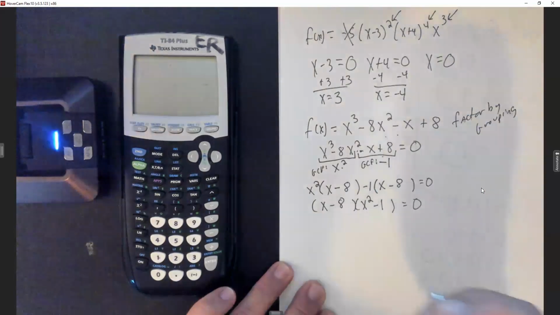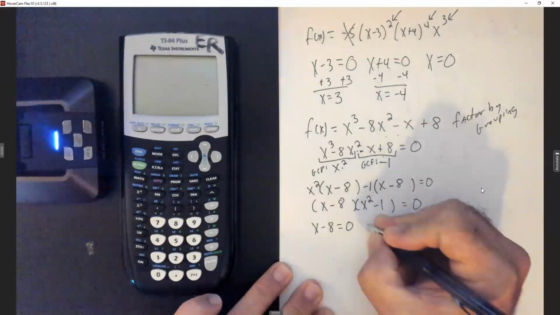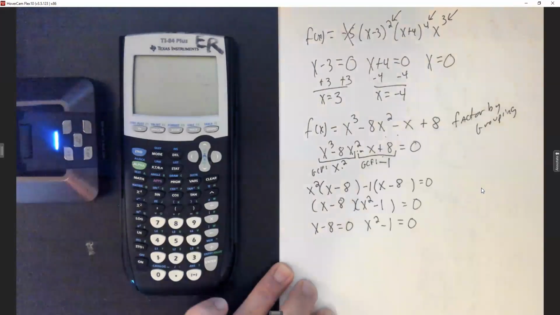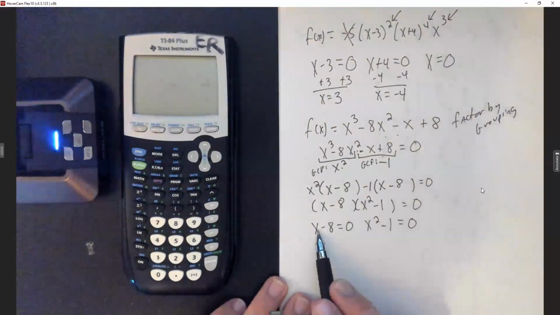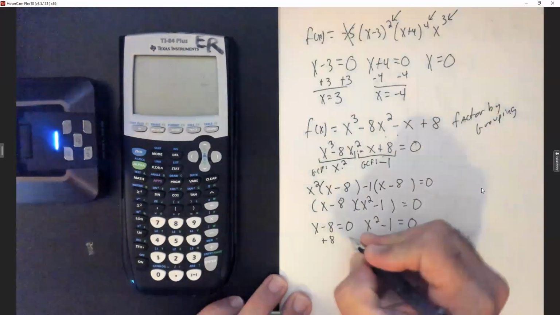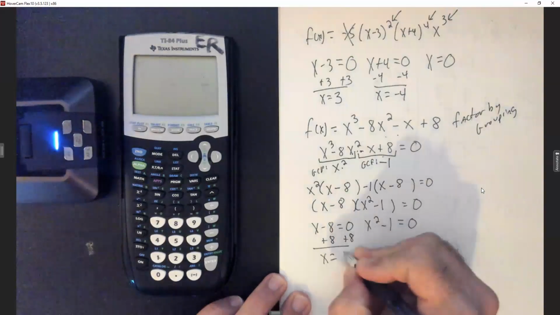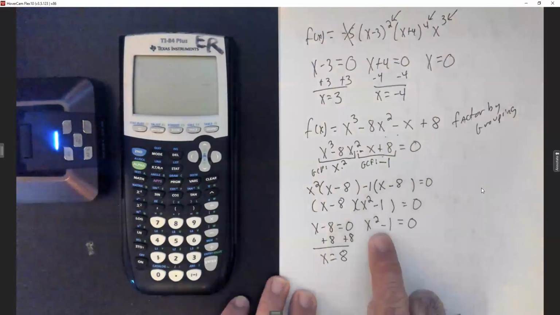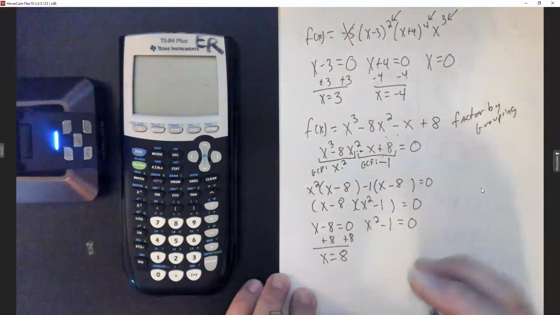So now we take both of our factors and set them equal to 0. So y'all, the first one's not bad. That's just the x. So all I got to do to that one is add 8. And I get my first 0 is 8. Second one, that is perfect squares. So I'm going to factor it real quick.